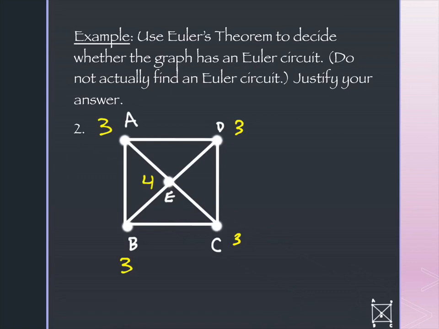All it takes is one of them to not be even for this to fail, and we've got 4 of them, so it fails considerably. So there's no Euler circuit because A, B, C, and D are all odd degrees.